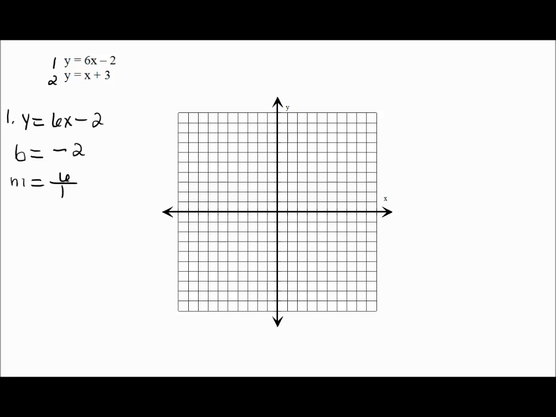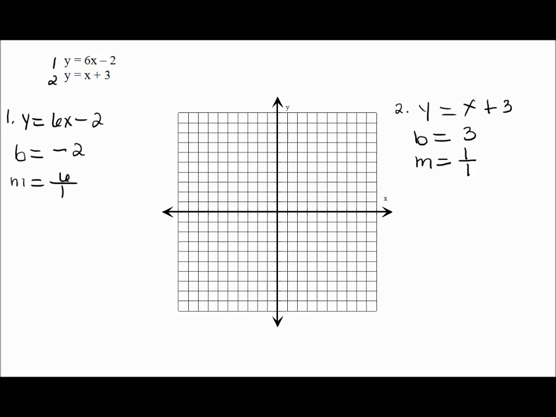So now we're clear about what's rise and what's run. Okay? For the second equation, the equation is y equals x plus 3. My y-intercept in this case is 3. And my slope is 1. Remember, when you don't see a number in front of the x, that means that it's 1. But once again, I'm going to write that as a fraction so I can identify the rise and the run.